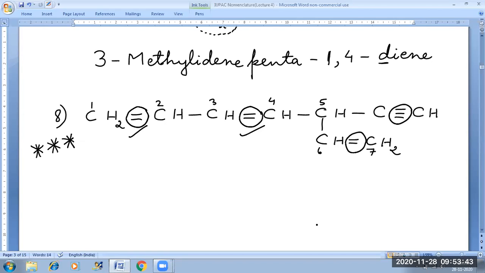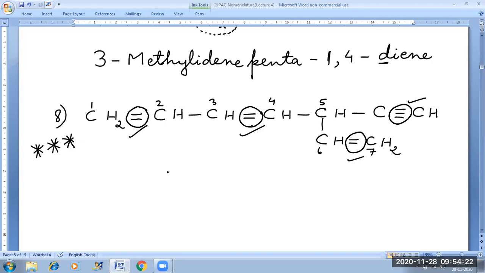3 multiple bonds. Which 3? That I've shown just now. Either you are including this, this, and this, or you are including this, this, and this. In either case, you are able to include 3 multiple bonds in the longest chain. So that much is clear. Now, if such a case arises where I am able to include the same number of multiple bonds in both ways of numbering, then I'll have to choose that chain which has the maximum number of double bonds.